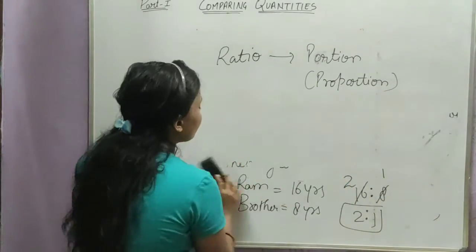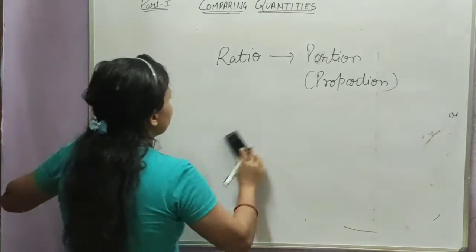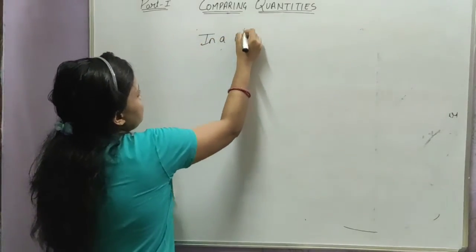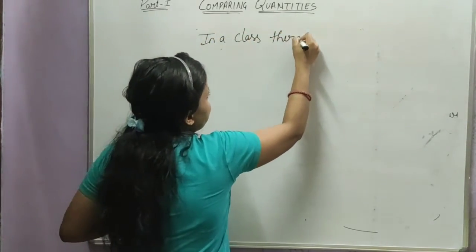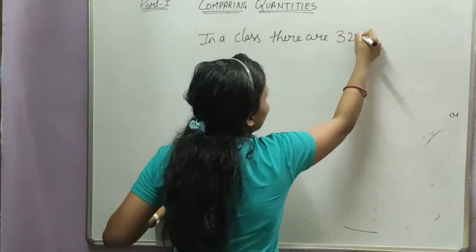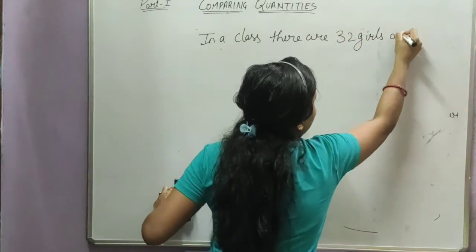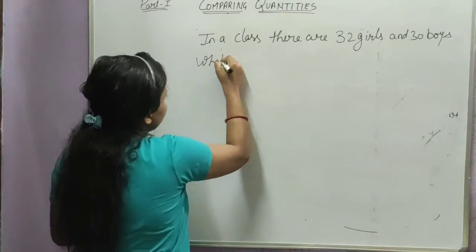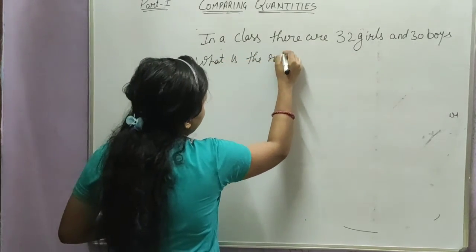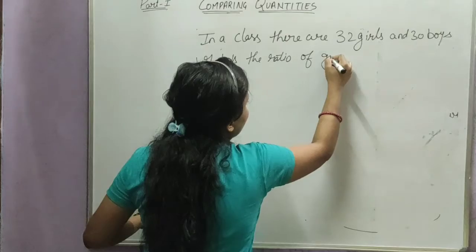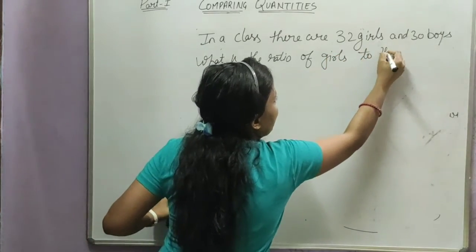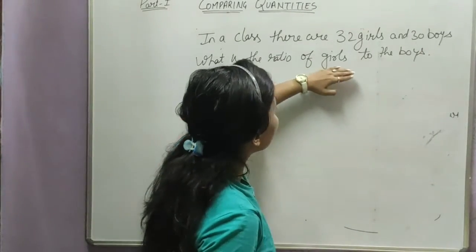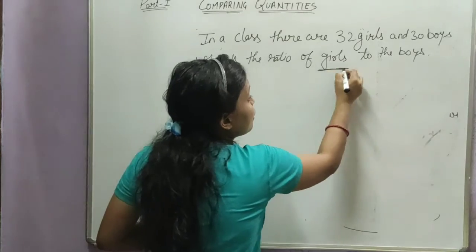But one more thing I want to tell you about the ratio. Let's take another example. In a class, there are 32 girls and 30 boys. What is the ratio of girls to the boys? What is given? Ratio of girls to the boys. That means girls is written first.